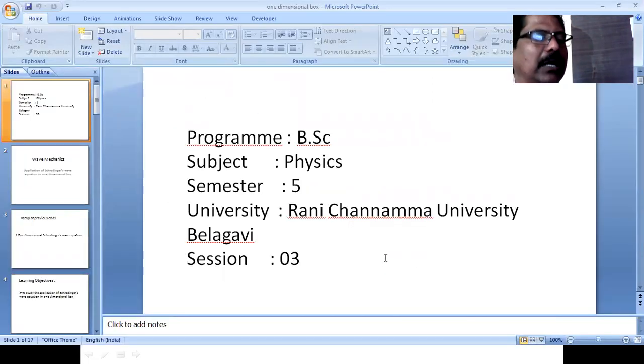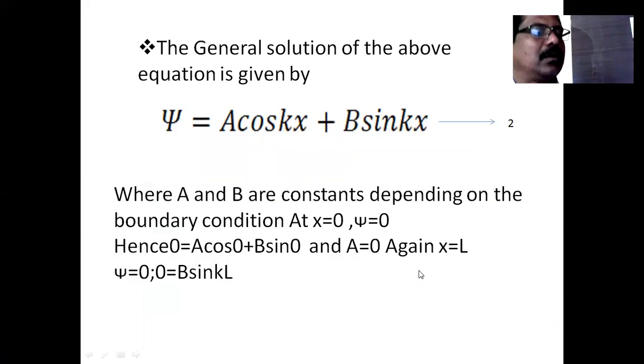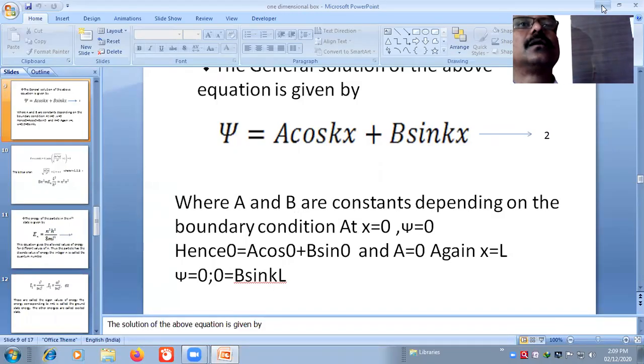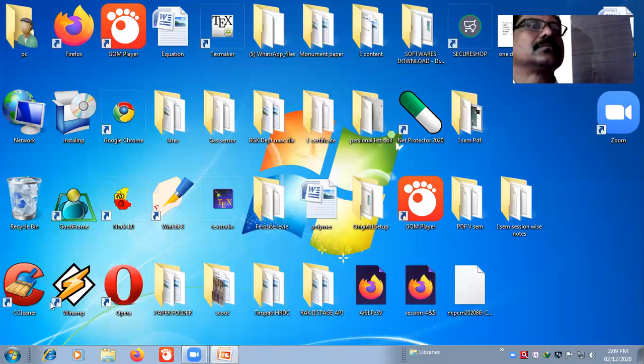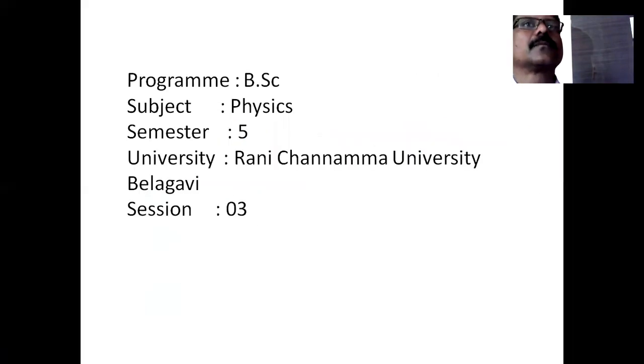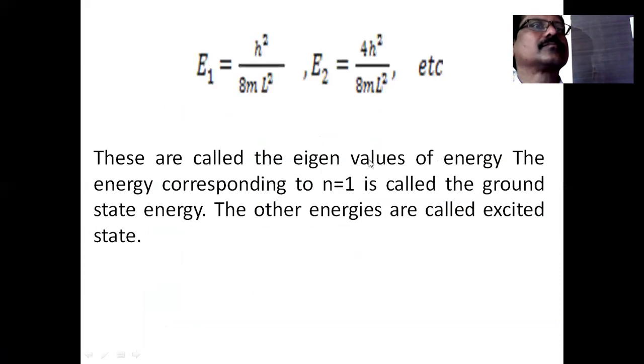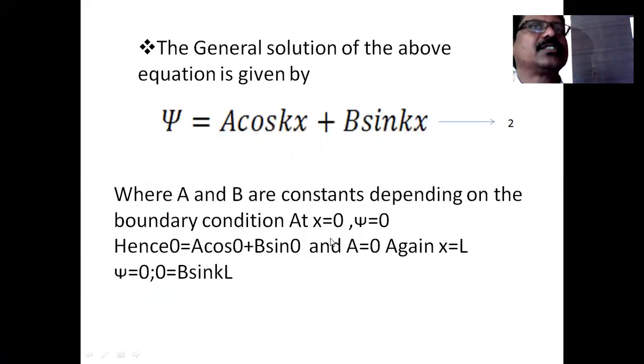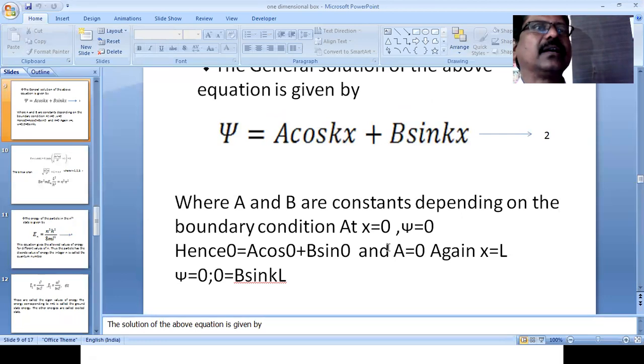The value of the wave function outside the box is taken to be 0.